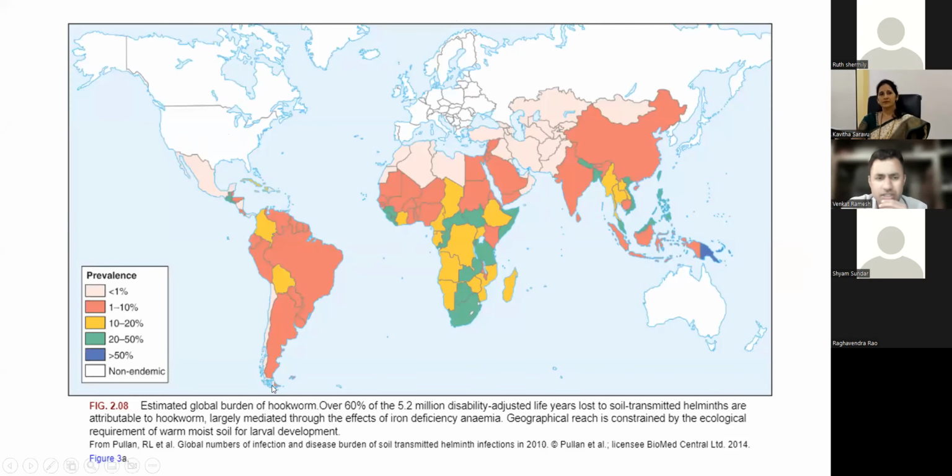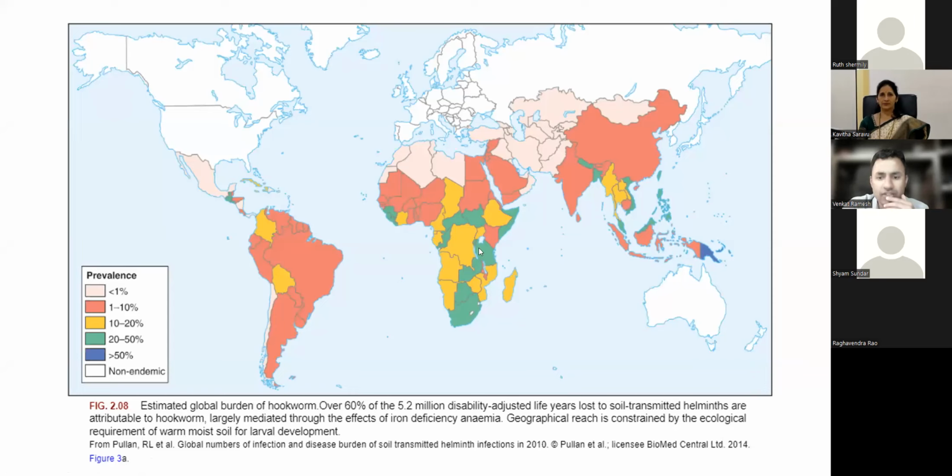This is just a slide showing the global distribution of hookworm. And as you can see, some countries are much higher. 60% of the 5.2 million disability-adjusted life years lost to soil-transmitted helminths are attributable to hookworm, mainly due to hookworm anemia or iron deficiency anemia.